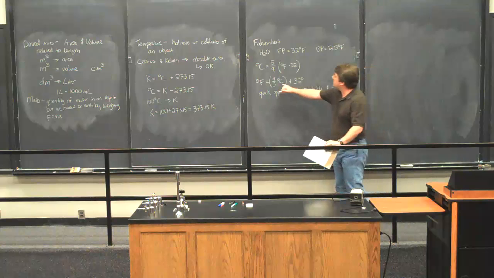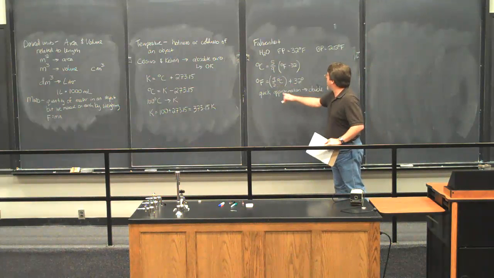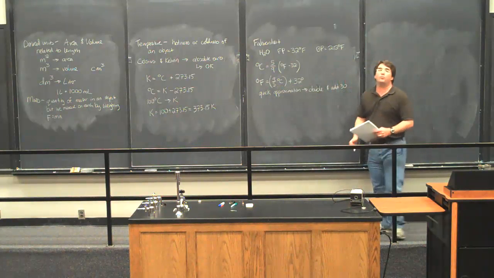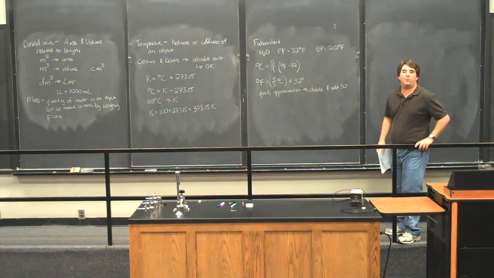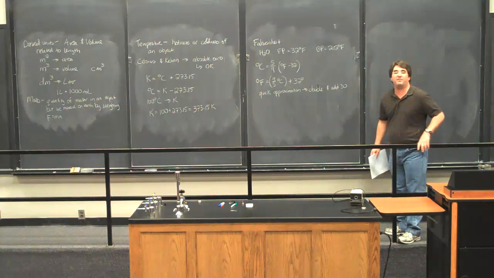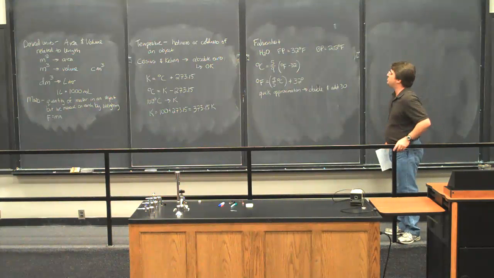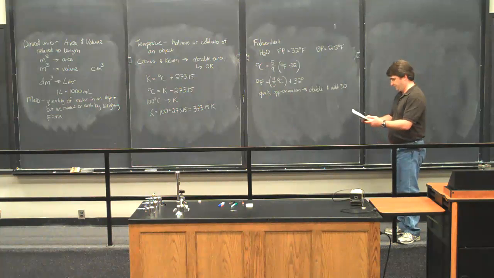Well, you can see where this comes from. 9/5 is almost 2. And if I double this and add 30, I get a rough approximation. It's not the exact calculation, but it's a quick way to double check: you can double the Celsius temperature and add 30. And around room temperature, that seems to be a fairly good approximation of the Fahrenheit temperature.